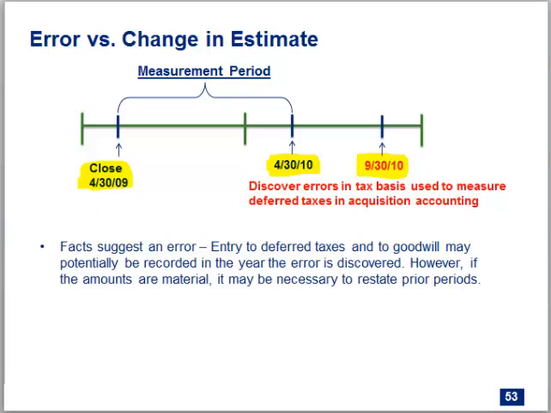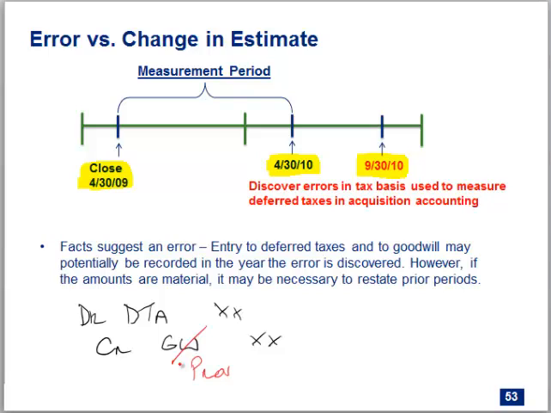I didn't even notice the target had an NOL, right? Which sounds like kind of a stupid thing, but let's just say I didn't even notice they had an NOL. And if I had known, I would have booked a deferred tax asset, right? I would have said, you know, debit DTA, credit goodwill. But gosh, I guess since this is outside the measurement period, I'll just have to book P&L, right? Isn't that a shame?